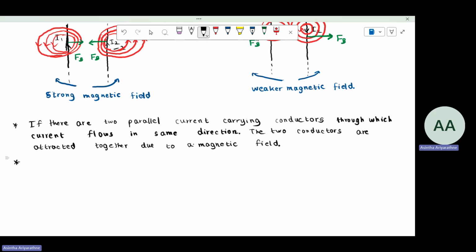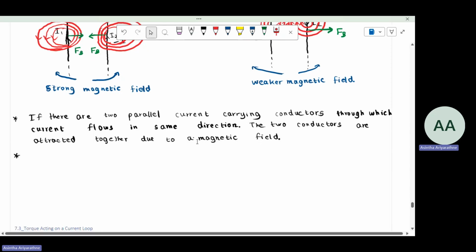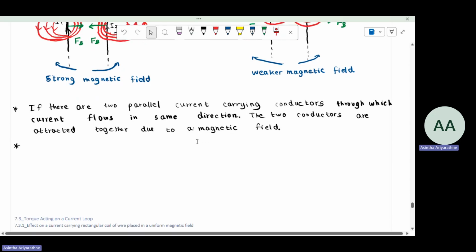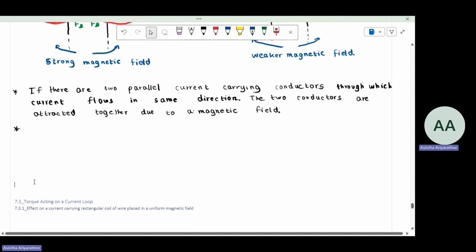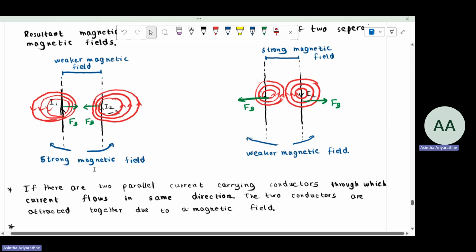If there are two parallel current carrying conductors through which the current flows in opposite direction, they experience a repulsive force.